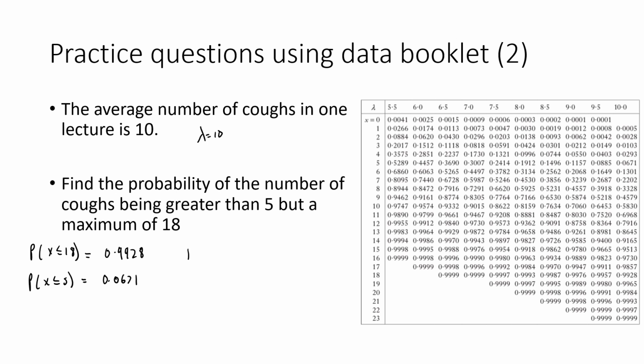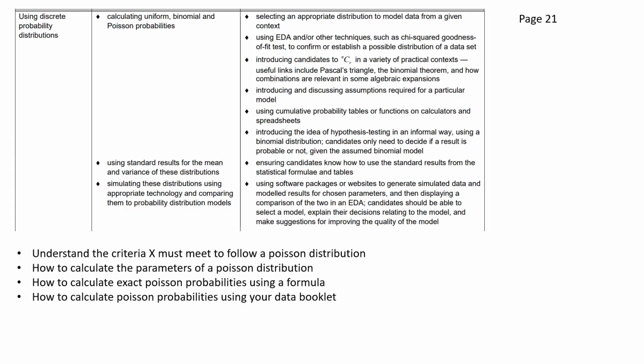So the probability of 5 being less than x, but x being less than or equal to 18 is equal to the probability of x being equal to or less than 18 minus the probability of x being less than or equal to 5, which is 0.9928 minus 0.0671, and that should give us 0.9257. That's the end of the first Poisson distribution lesson.